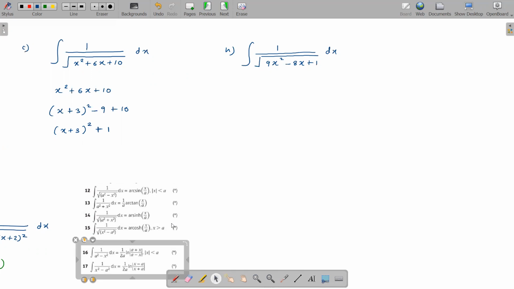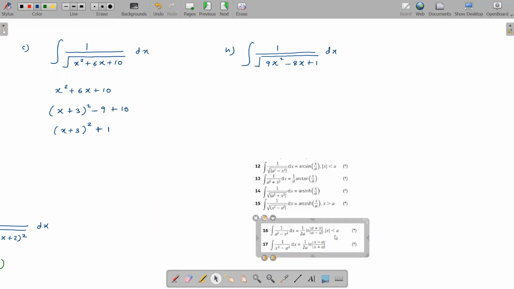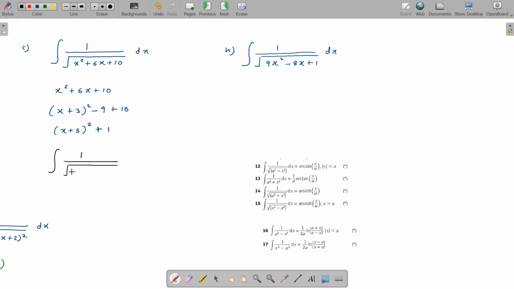So when I move on to the question, one over root x square plus 6x plus 10, we can replace the x square plus 6x plus 10 with the completed square format we found. Let's input that.